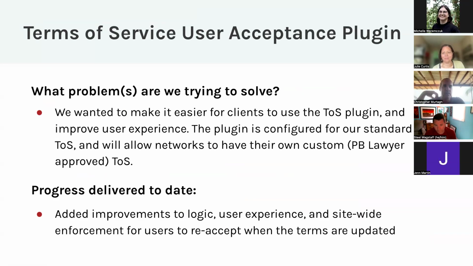Our lawyer says it still needs to be approved by them. So there will still be an approval process, but there's an easier mechanism to have a different terms of service should a network like to have that. And we've made a couple of changes in terms of it being a little bit better at handling some edge cases and things where things were getting weird error messages and that kind of stuff. So that's all been cleaned up and made a little bit nicer.